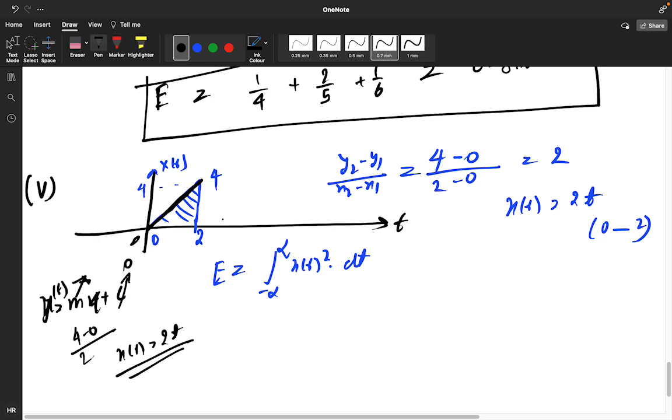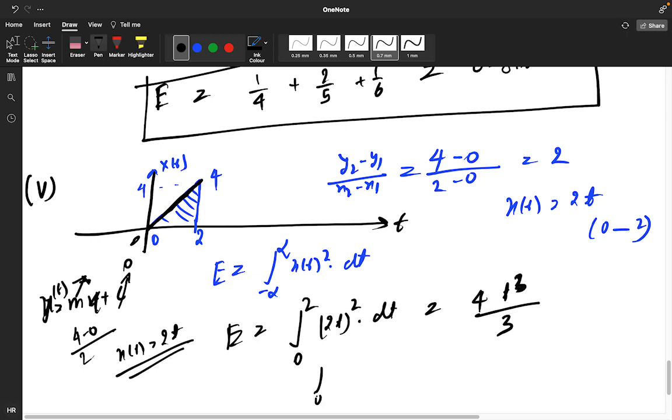So from where to where? In between 0 to 2. So apply that: 0 to 2, (2t) the whole square into dt. So 4t square, integrated. How much will you get? 4t cube by 3, from 0 to 2.